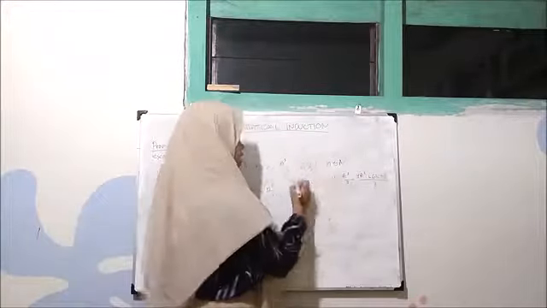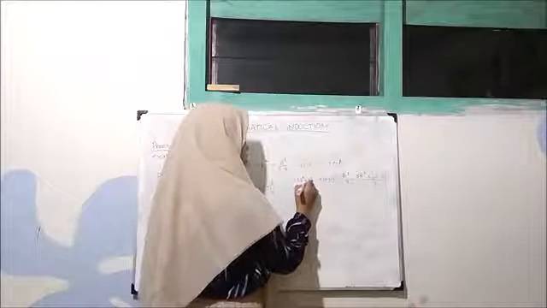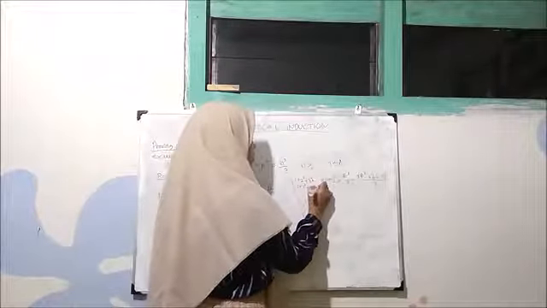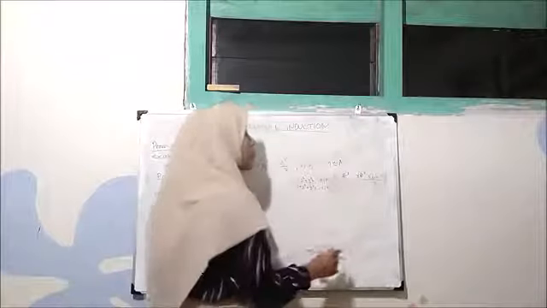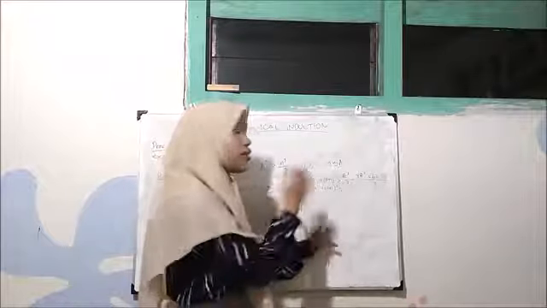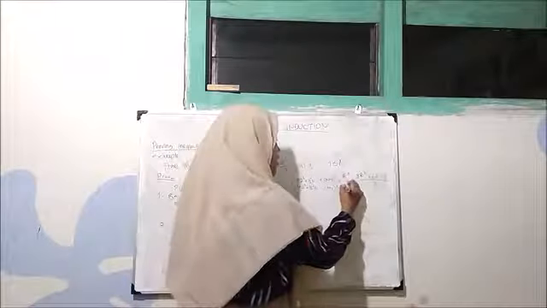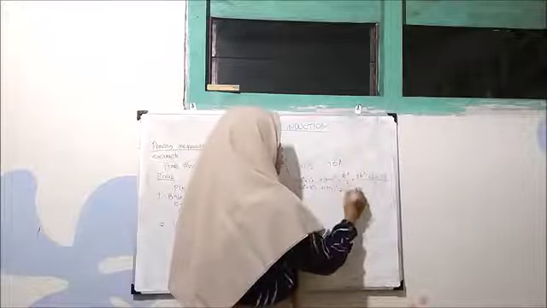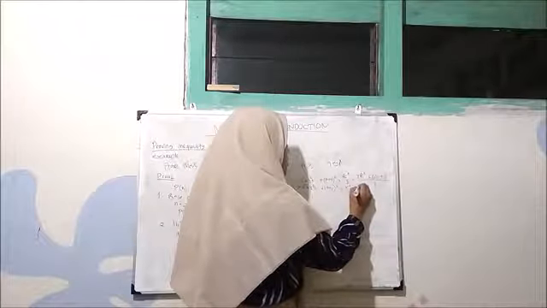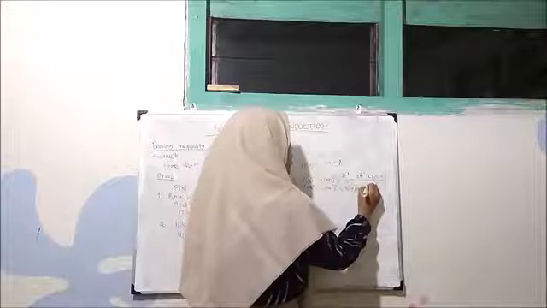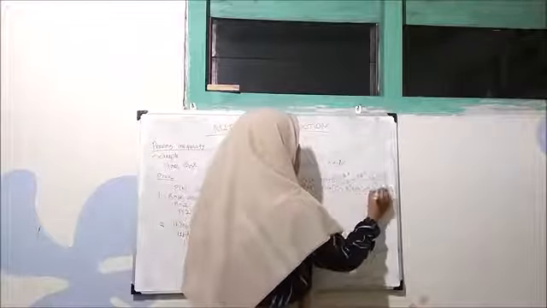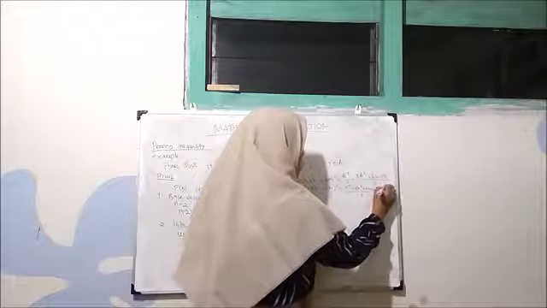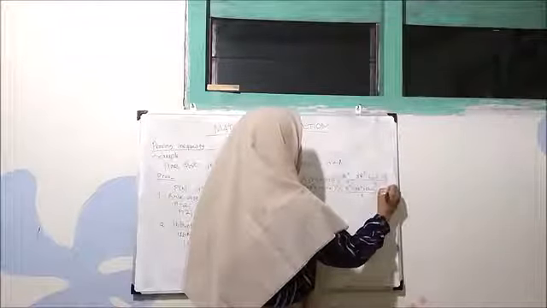The right hand side becomes k cube plus 3k square plus 3k plus 1 over 3 plus 3k plus 2 over 3.